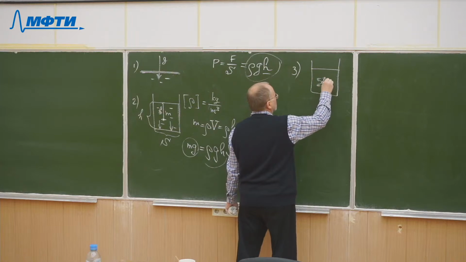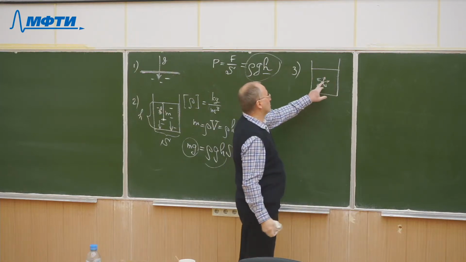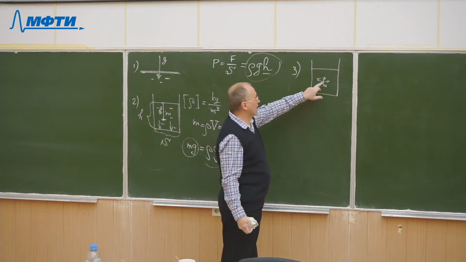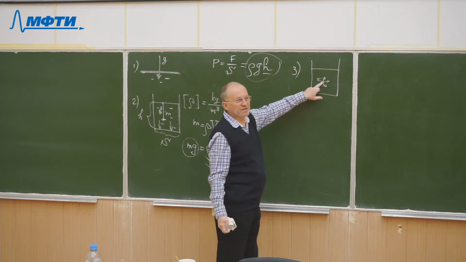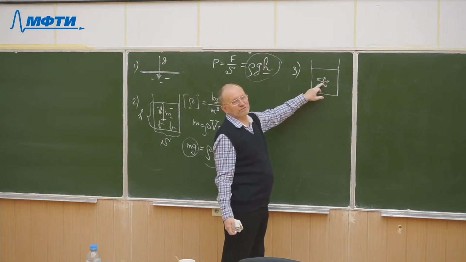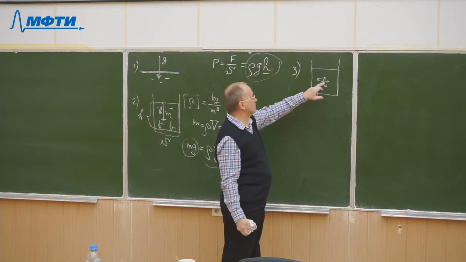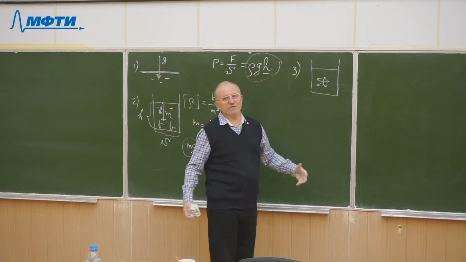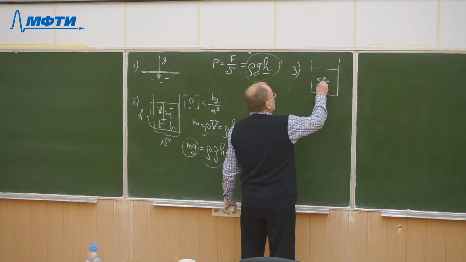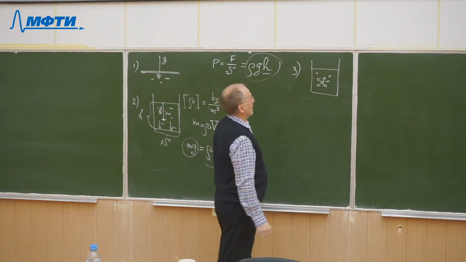In all directions. Why? Because this small volume of liquid is at rest. Why is it at rest? Because we consider the liquid which is at rest, the liquid in static equilibrium. We consider this simple case. And in this simple case, every small volume of liquid is at rest.